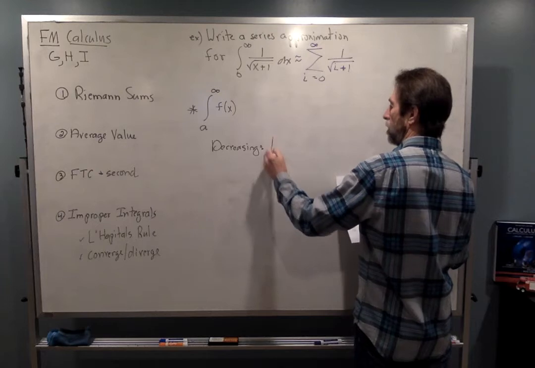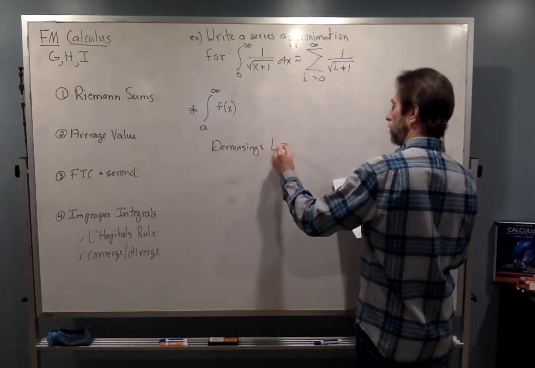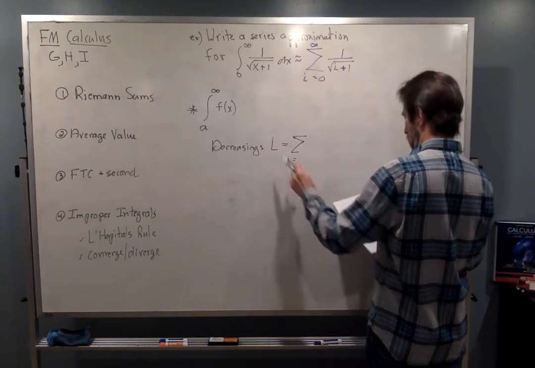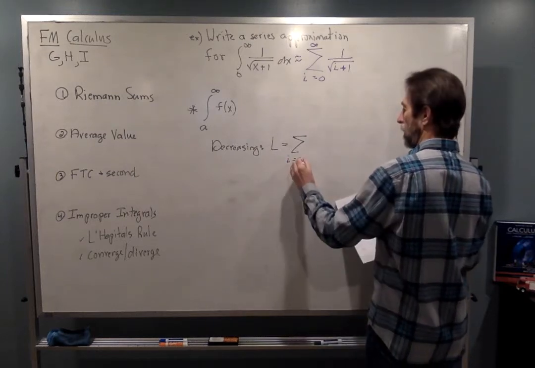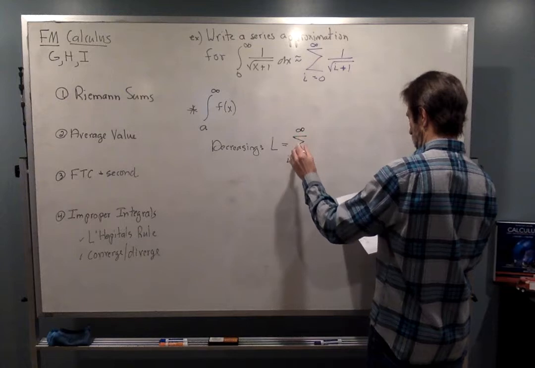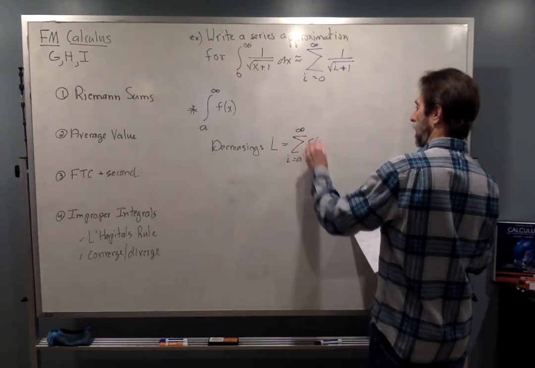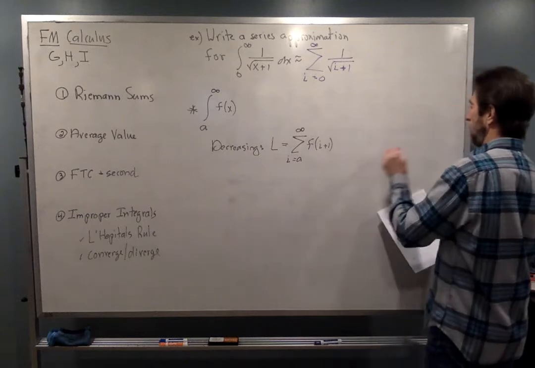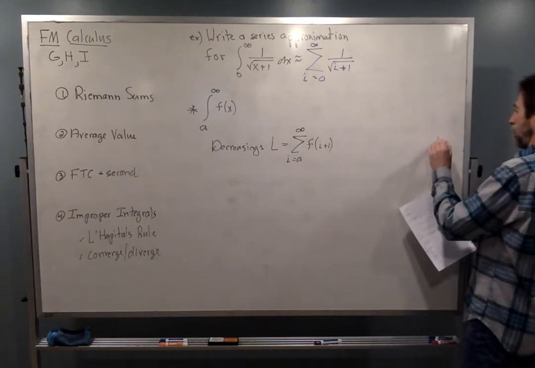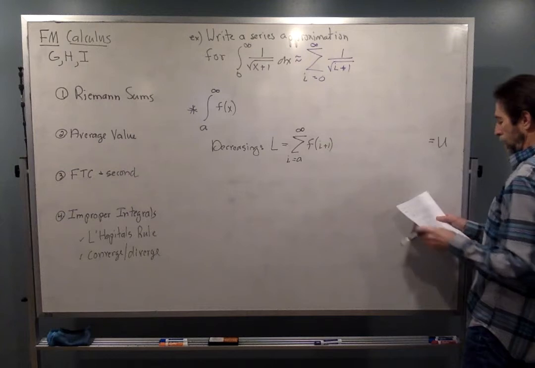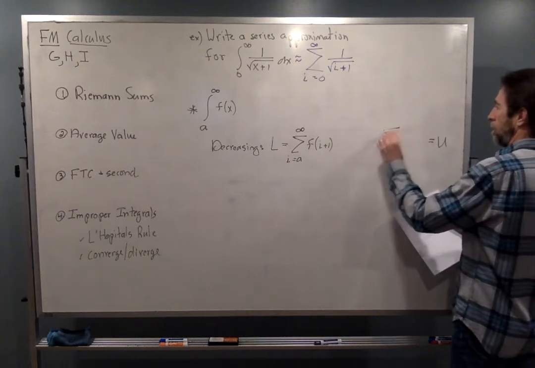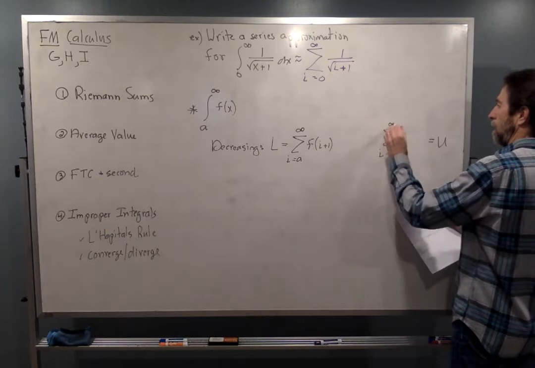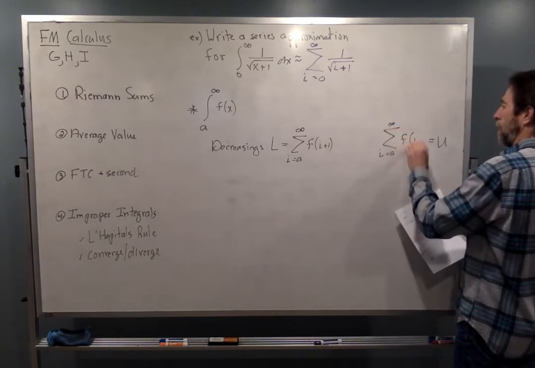For example, I can say the lower sum is going to be the summation as i goes from a to infinity of f of i plus 1, and then the upper sum on the other end could be considered the sum as i goes from a to infinity of simply f of i.